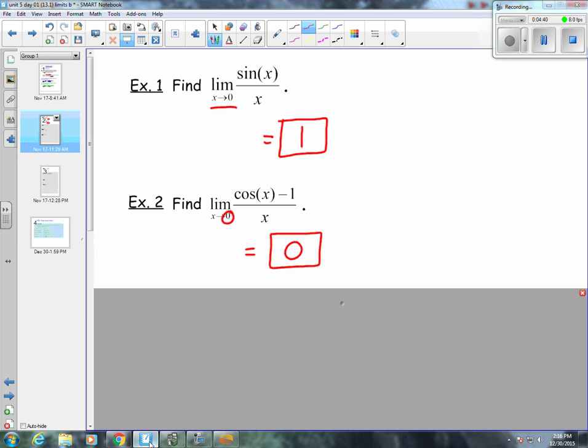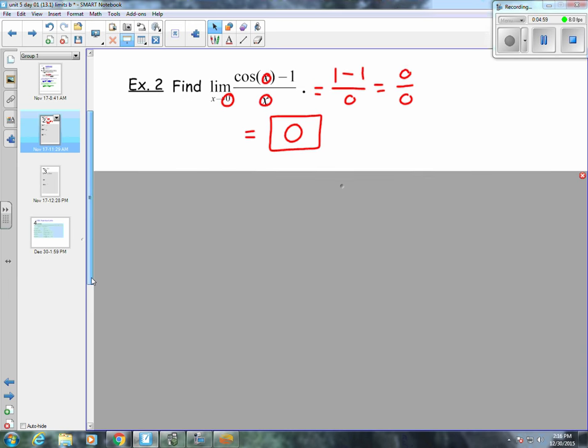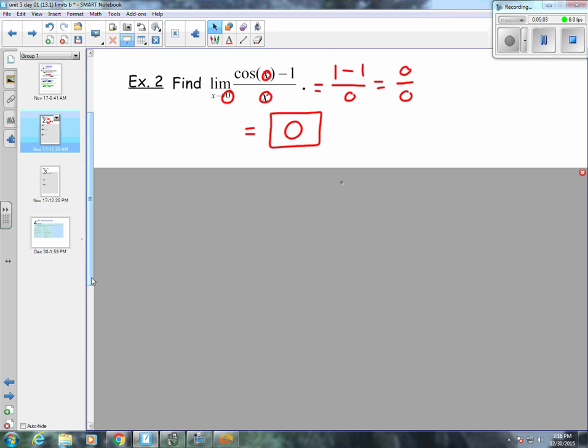If I plug in 0 for x, I'm going to get cosine of 0, which is 1, minus 1 over 0, which gives me 0 over 0, which is an indeterminate form. So we're going to have to use other methods. One method is using a graphing calculator and looking at the graph. We like to also use algebraic manipulations when possible.